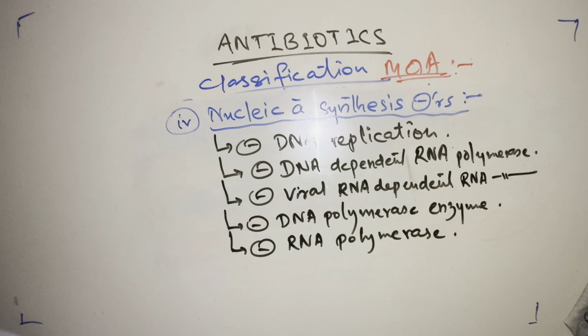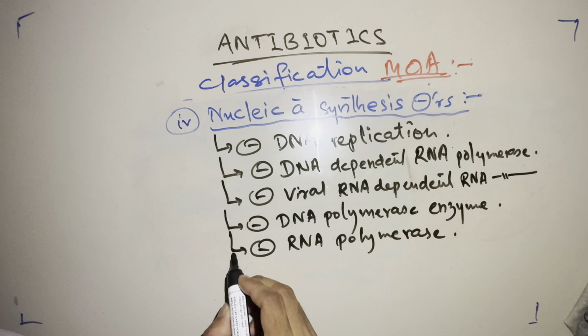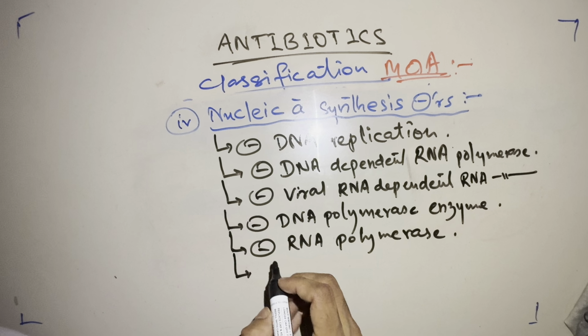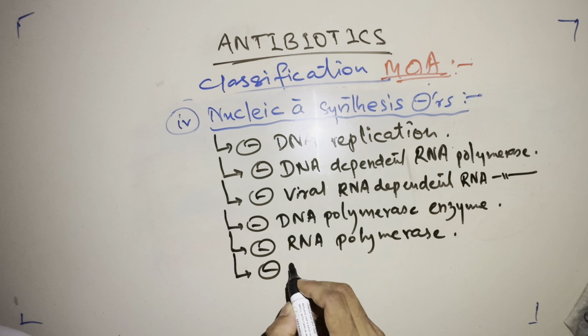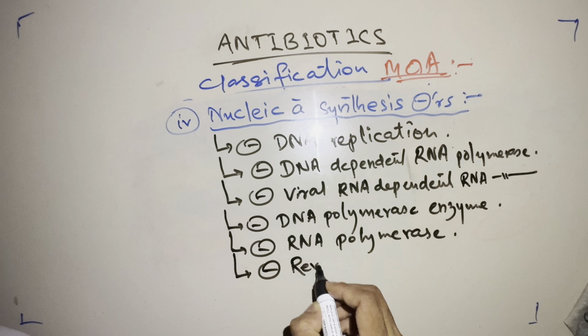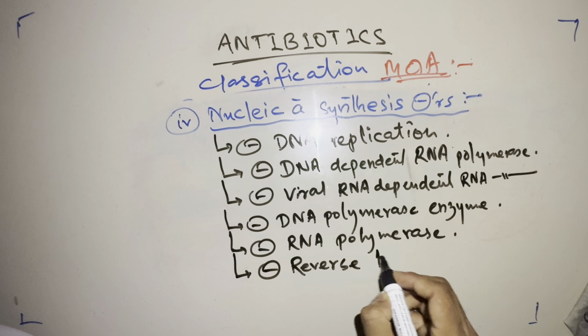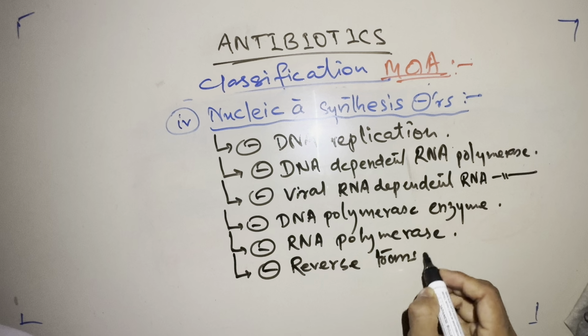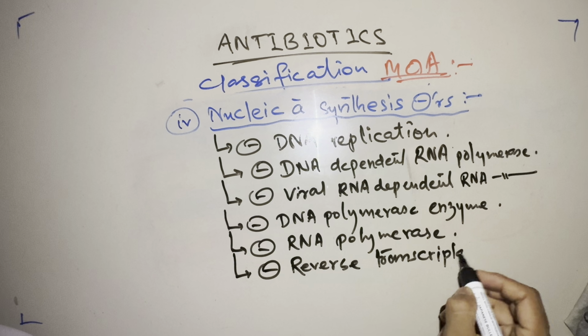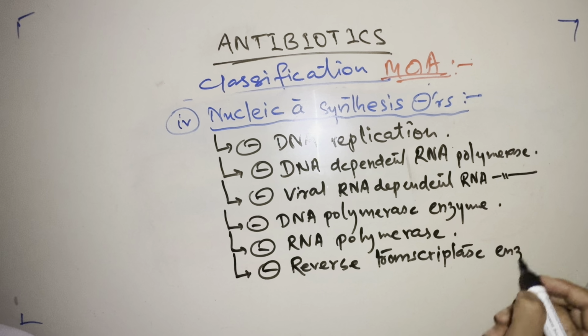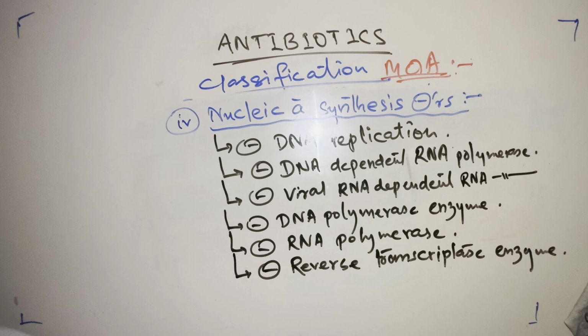Okay, so what are the different examples? You can also inhibit nucleic acid synthesis by inhibiting reverse transcriptase enzyme.